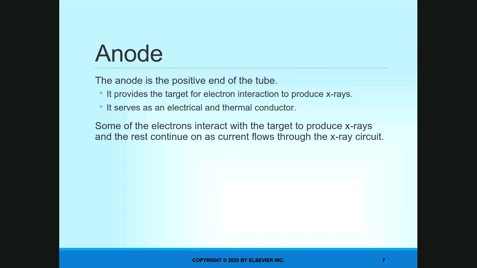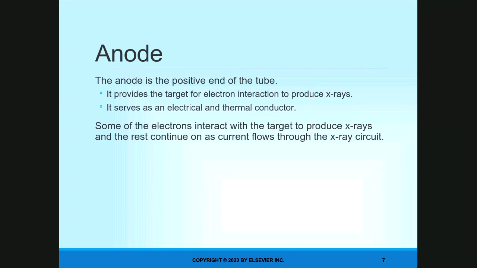And when they smash into that focal spot on the anode, all of that kinetic energy of those electrons is actually converted into electromagnetic energy in the form of radiation. Now, the electrons that don't become radiation, we said 1% becomes radiation, 99% actually becomes heat.